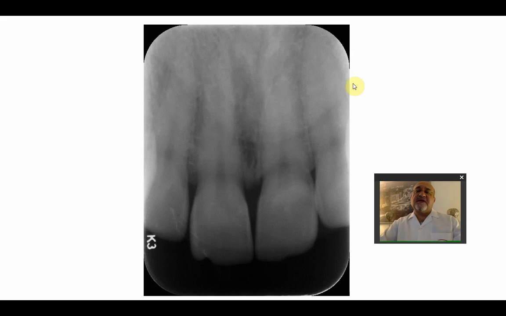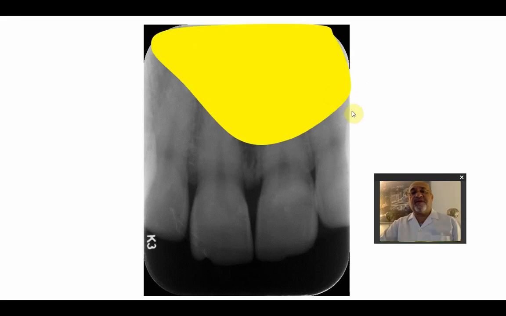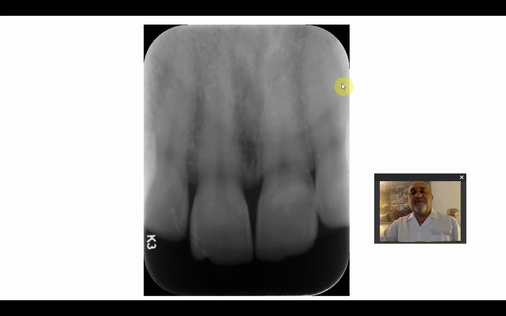This is the shadow of the ala of the nose. See it here? Because the X-ray is coming at an angle, as you can see here, it will pass through the ala of the nose, and the ala of the nose, being a thick cartilaginous soft tissue, will cast its image on the radiograph.